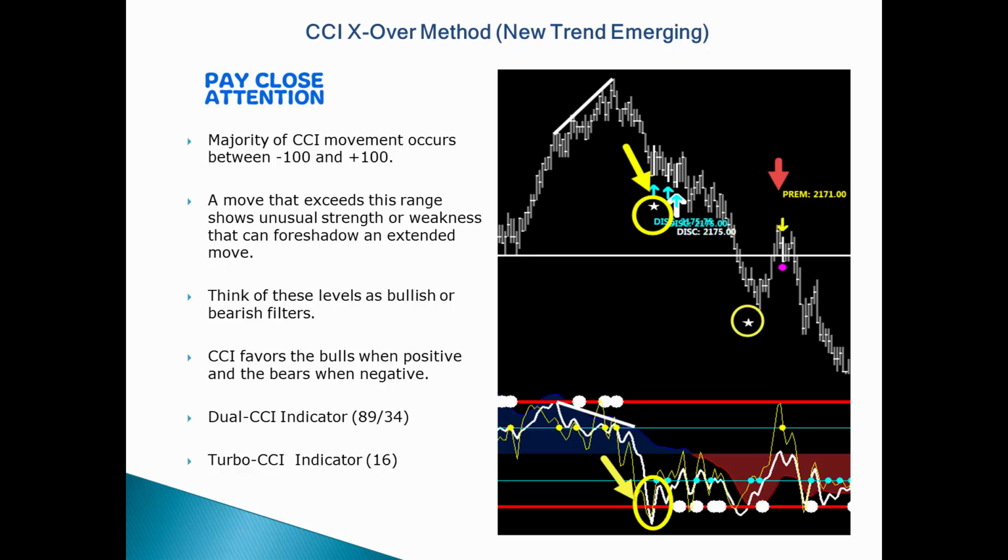But as the indicator moves and exceeds that range, above plus 100 or below minus 100, there is something developing. There's a price change developing. And we want to be able to read the action as it's unfolding and say, is this a new developing up move or down move? And you can basically think of the CCI as a bullish and bearish filter.